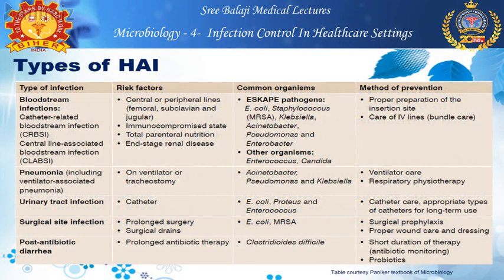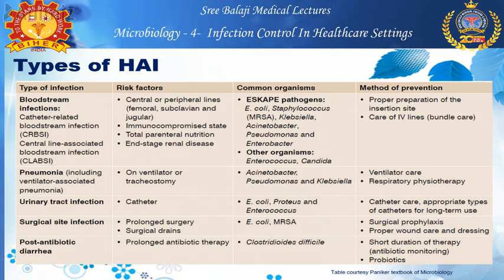In this table, we have mentioned the various types of healthcare associated infection and the risk factors associated with them. In case of CRBSI or CLABSI, the central line insertion site even matters.